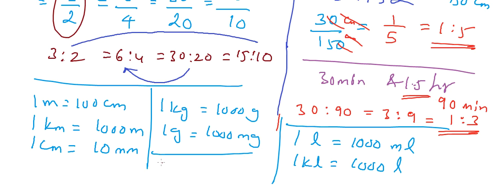Okay, and then about time, as we know, 1 hour is 60 minutes, and 1 minute is equal to 60 seconds.